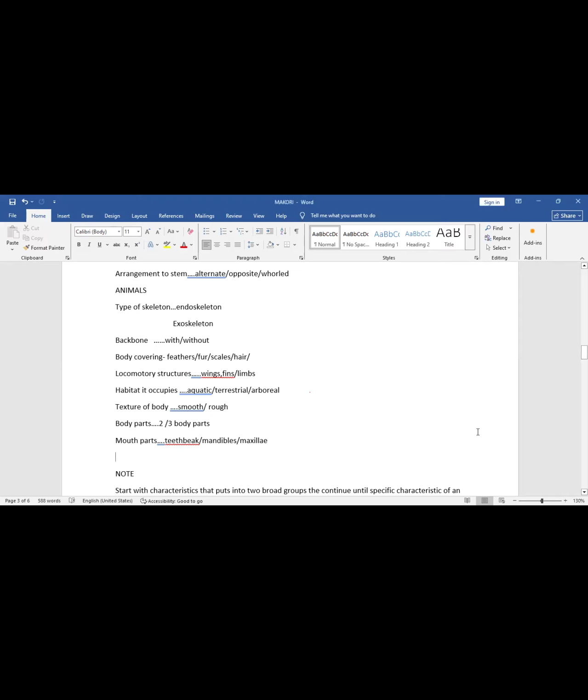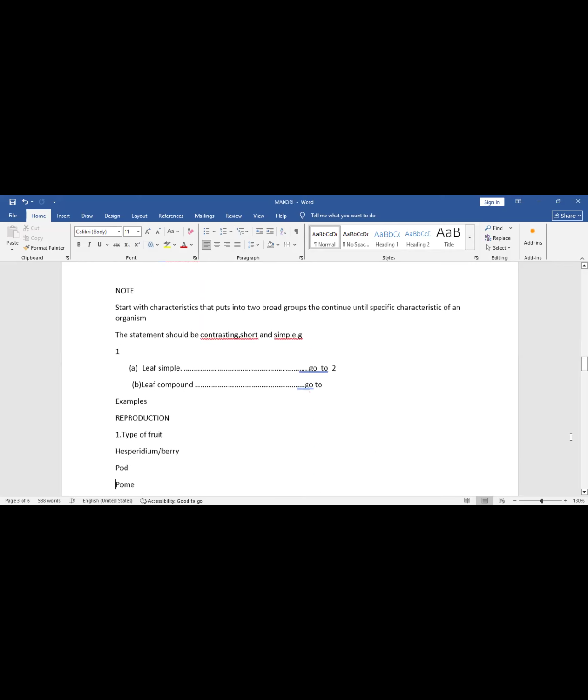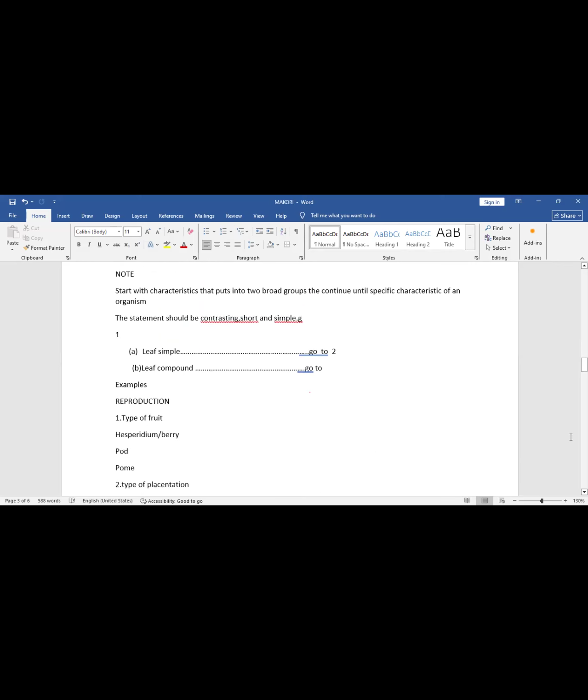A point to note, Mr. Paul, you can kindly scroll up. Whenever you are constructing your dichotomous scheme, always start with those characteristics that will group the organisms into two broad groups.